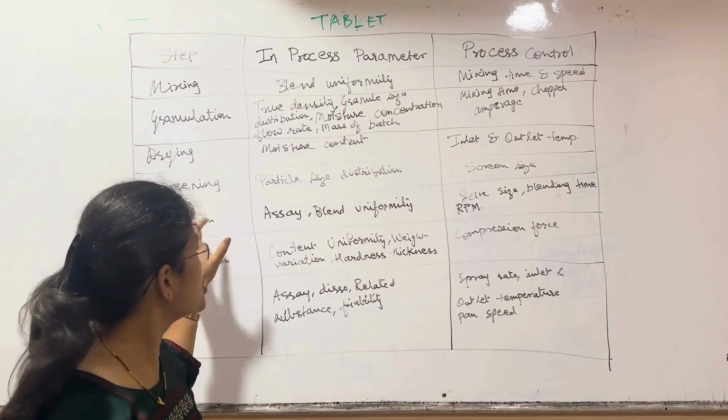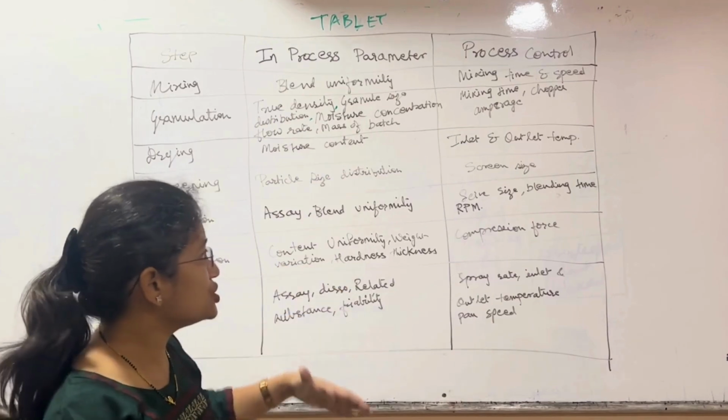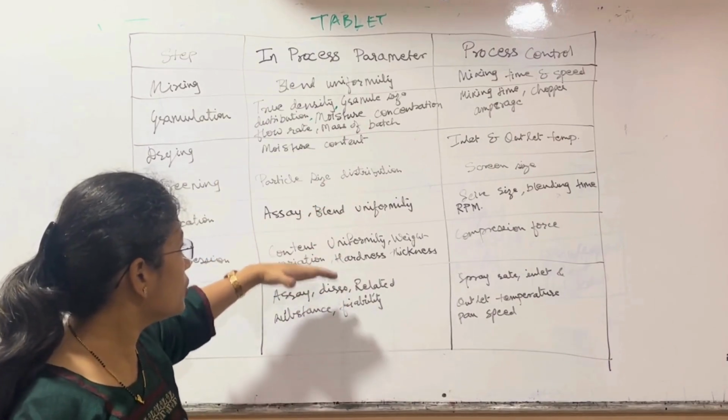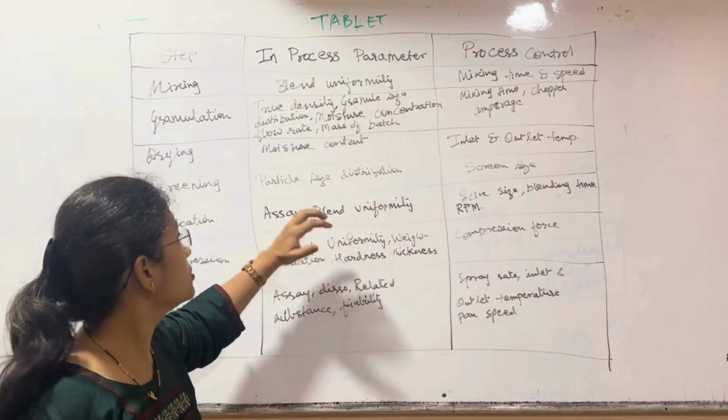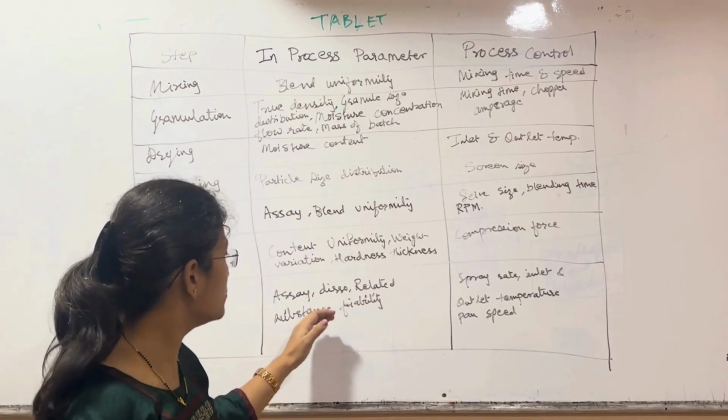Then is the lubrication. When it comes to lubrication, now we are moving the stages towards compression and final stage. So now from here onwards we are more concerned about assay, and during next stages we are also going to see about related substance.